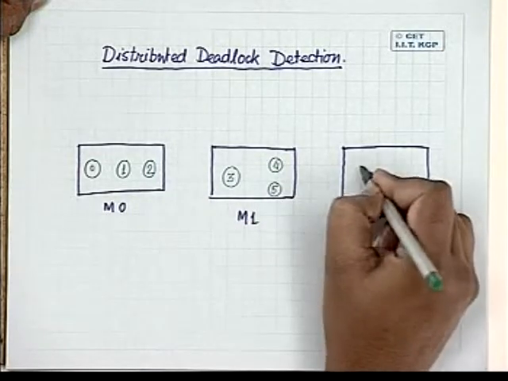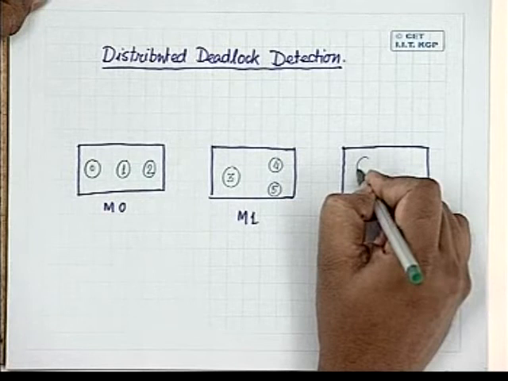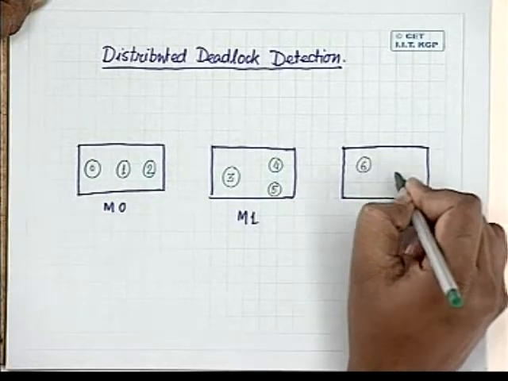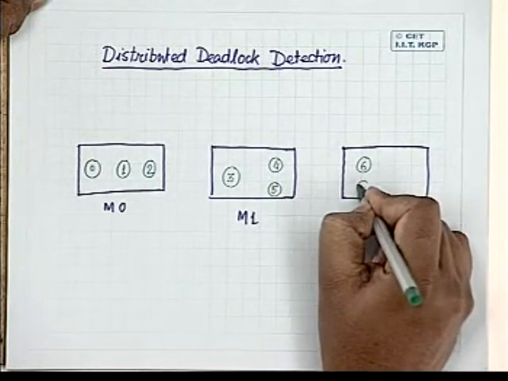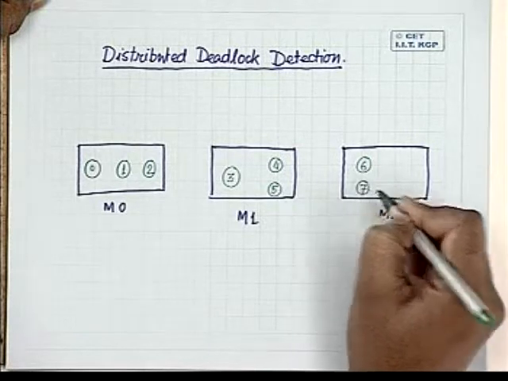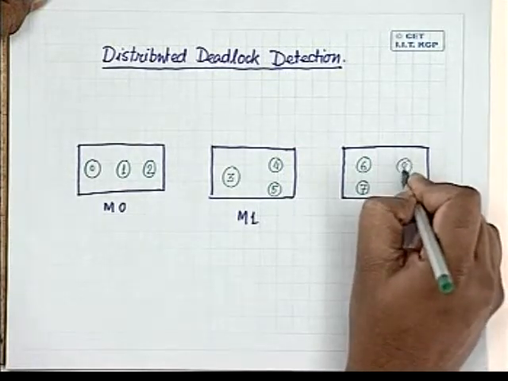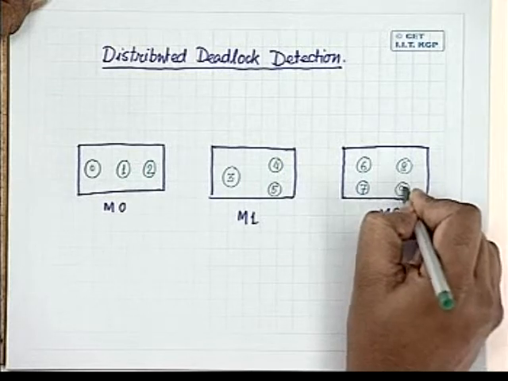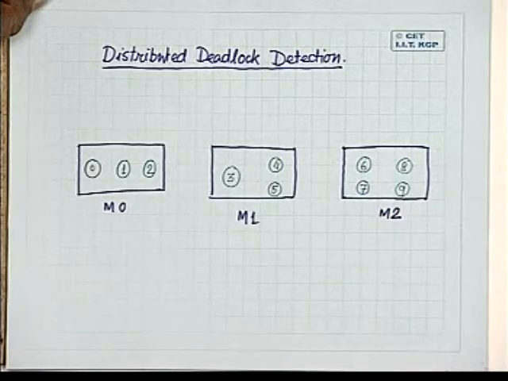Here again we have processes 6, 7, 8, and 9. So let us assume that there are 10 processes in this system.